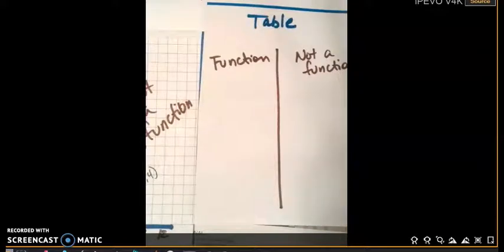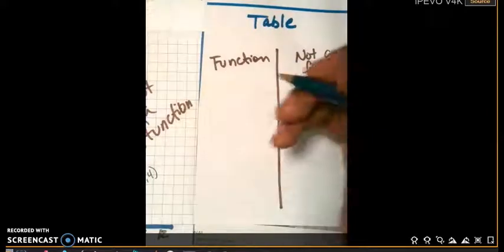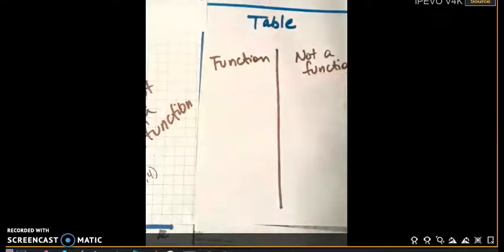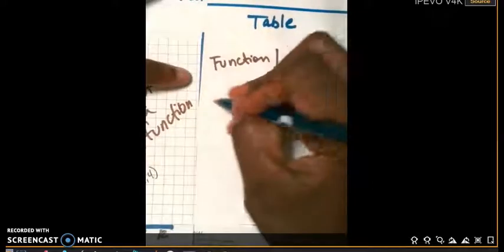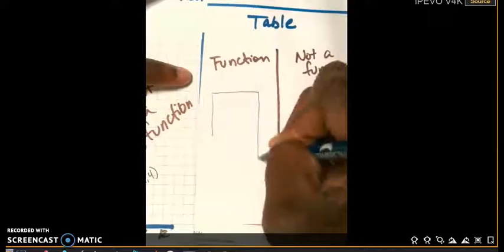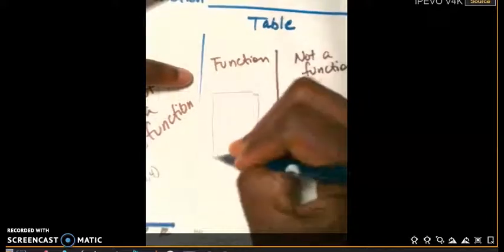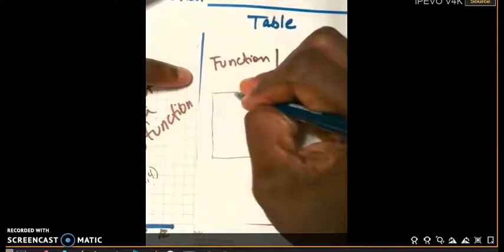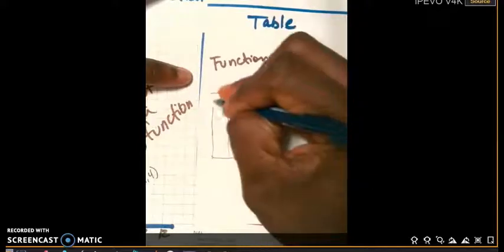So let's look first at the example of a function. I'm going to share some of the ordered pairs that I used already, just so you can see how this can be very similar.